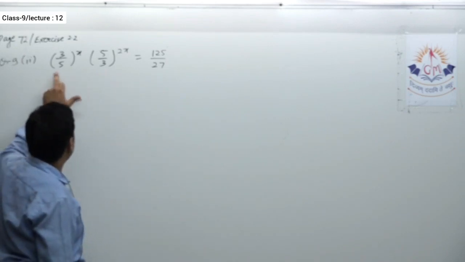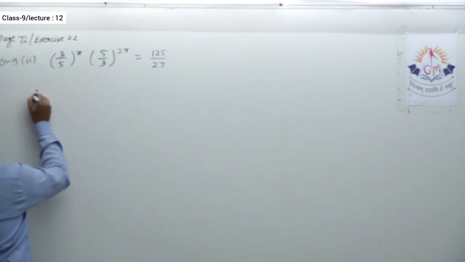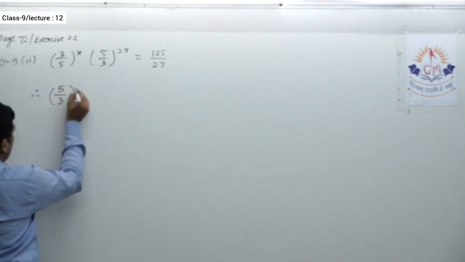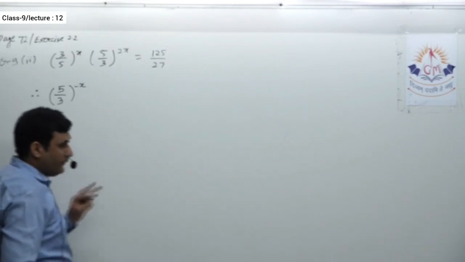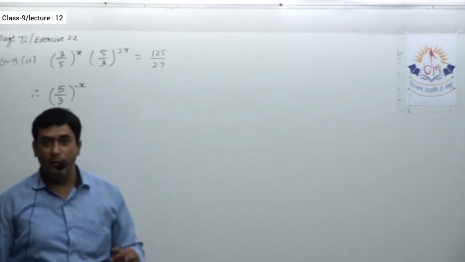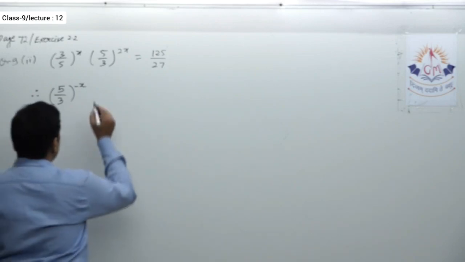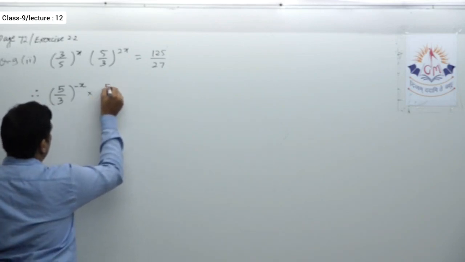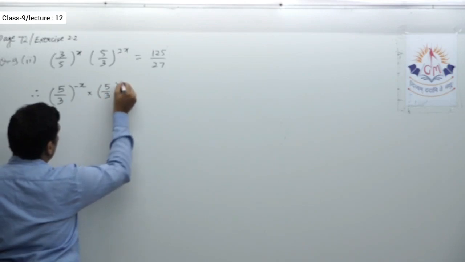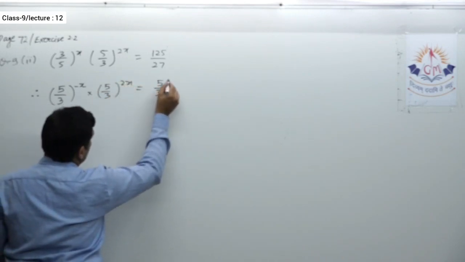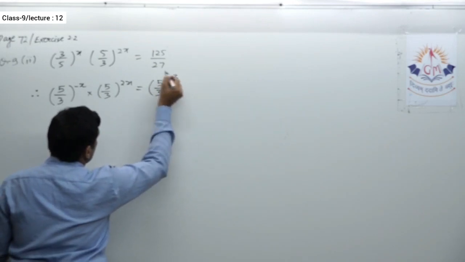So I need to make it 5 upon 3, and to do so I will write 5 upon 3 raised to minus x. We know whenever we interchange the numerator and denominator, we make the power negative. Multiplied by 5 upon 3 raised to 2x is equal to 5 upon 3 raised to 3.